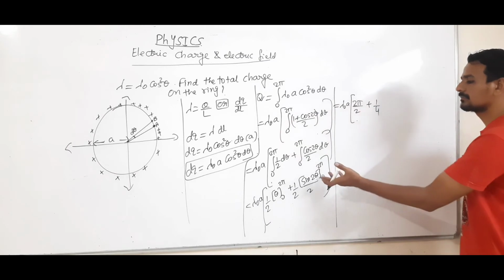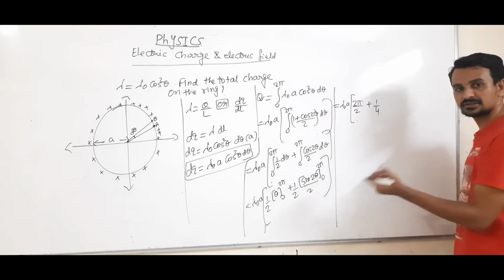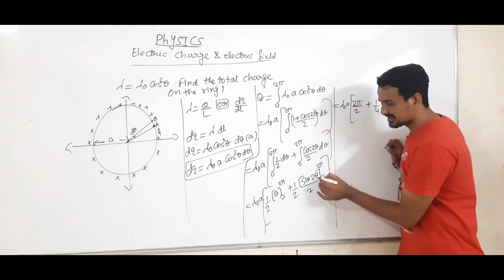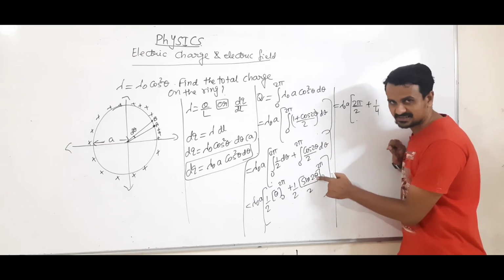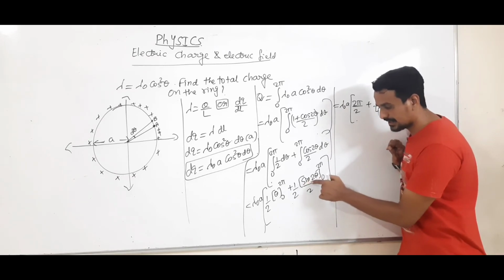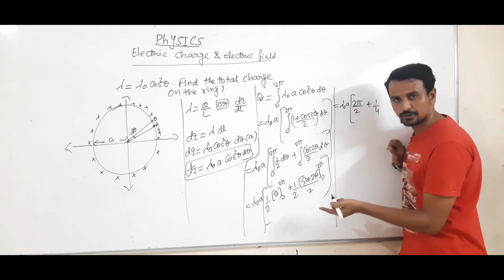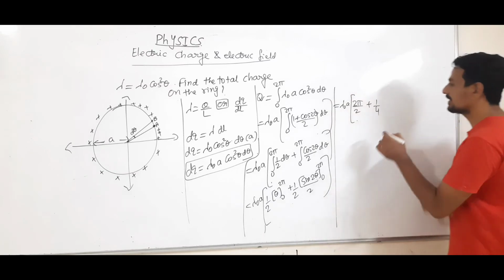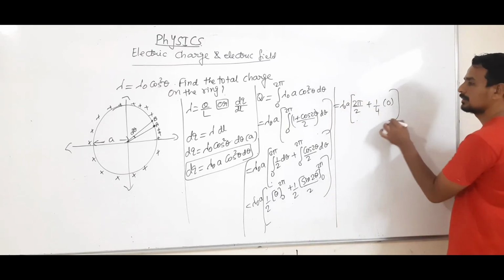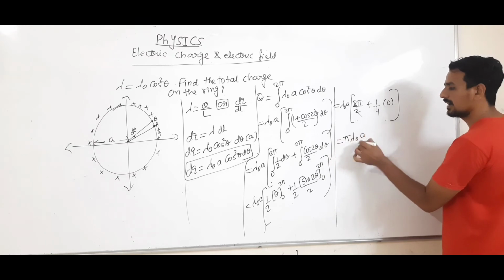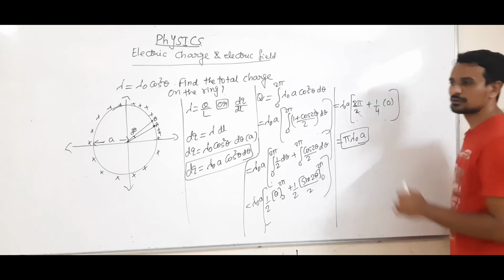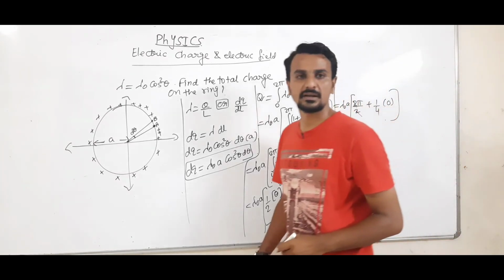Minus, again apply 0. Sine 0 is 0. So this term will be 0. So the final answer will be pi lambda 0 a. This is the total charge on the circumference of the ring.